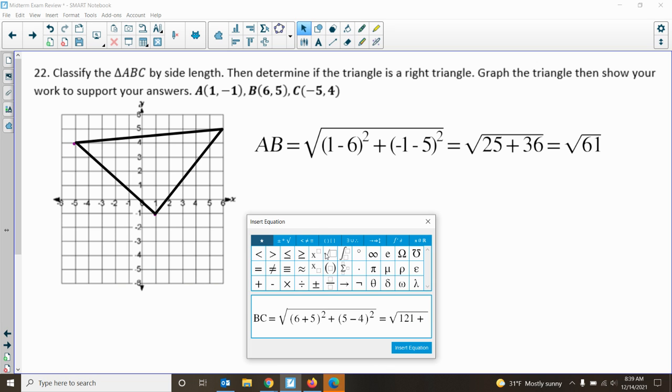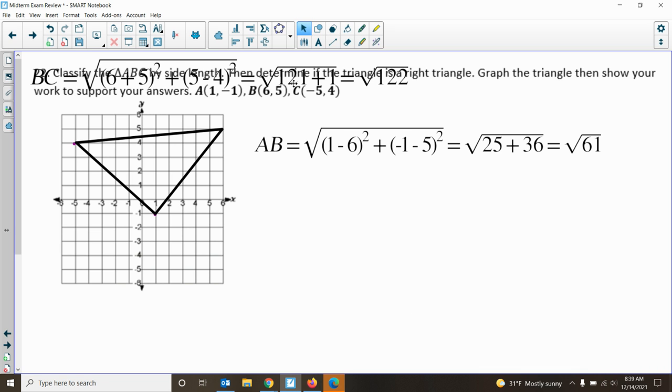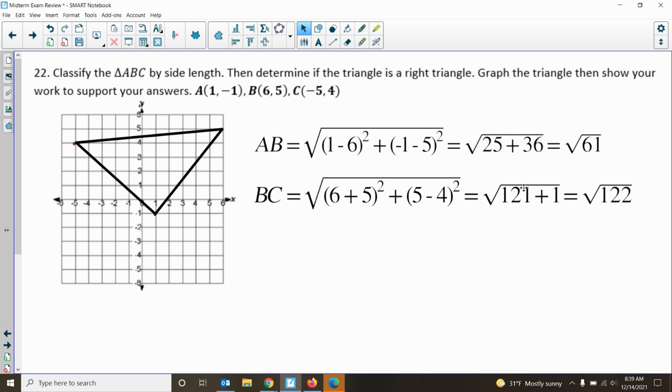And 5 minus 4 is 1, squared is 1. So this is radical 122, which is definitely different than radical 61, right? That's not that bad. And then let's go A to C, and let's see what happens there.